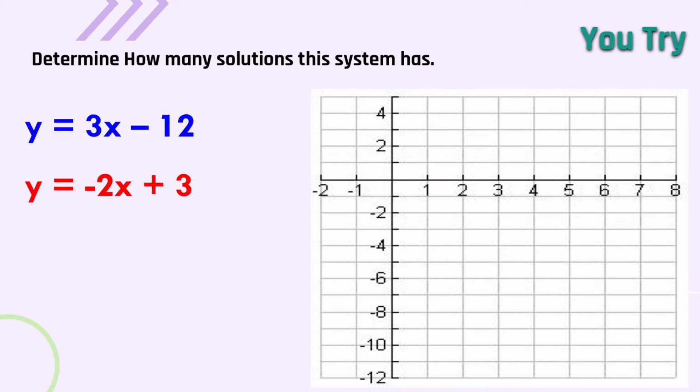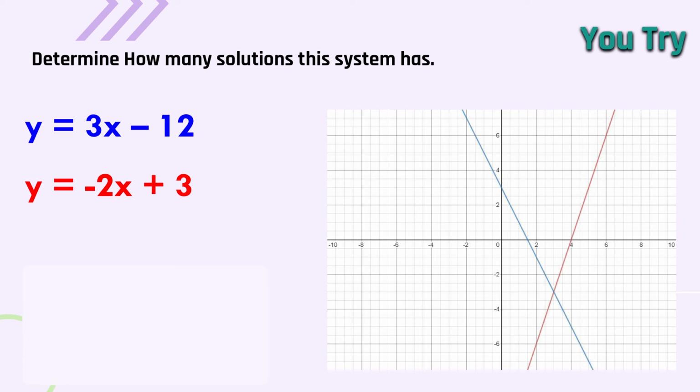Another you try. How many solutions does this system have? When you look at the equations of the lines, 3x minus 12 and negative 2x plus 3, their slopes are not at all similar, or not congruent, and their y-intercepts are not congruent, which means that there is just one intersection point.